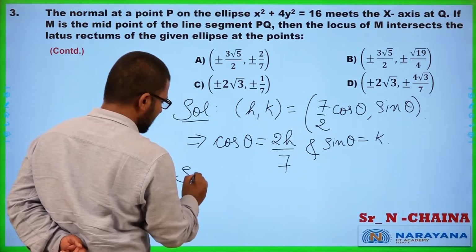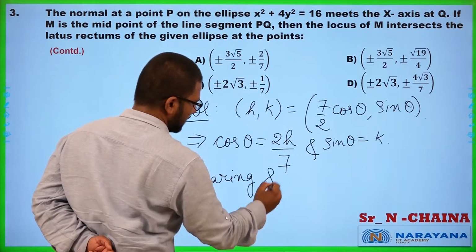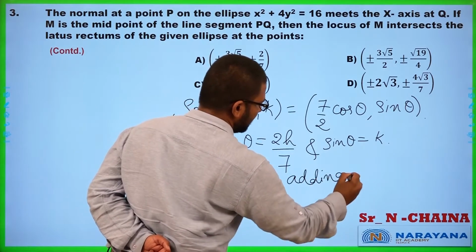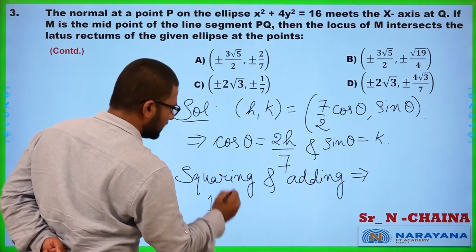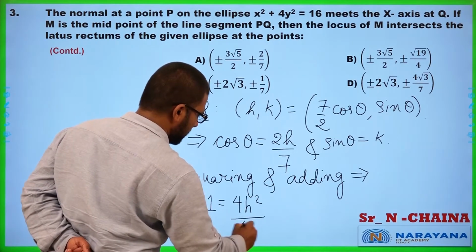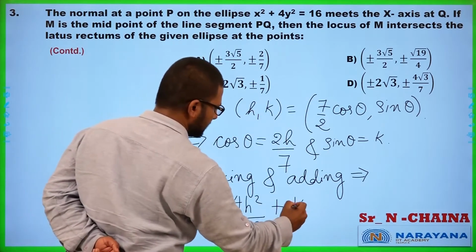So squaring and adding, gives what? 1 equal to, on that side, 4h square upon 49 plus k square, correct?